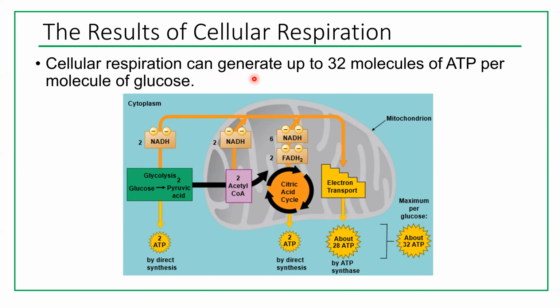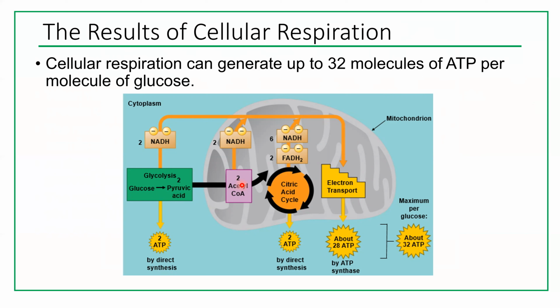Cellular respiration can generate up to 32 molecules of ATP per molecule of glucose. So here's back to this picture. We have a complete summary. We start with the glucose. We end up with carbon dioxide. Where is that? It's not shown over here because it's leaving the cell, and ATP and water.